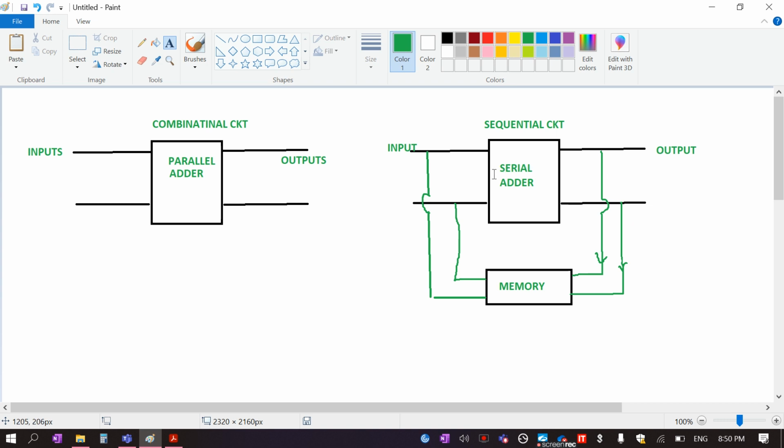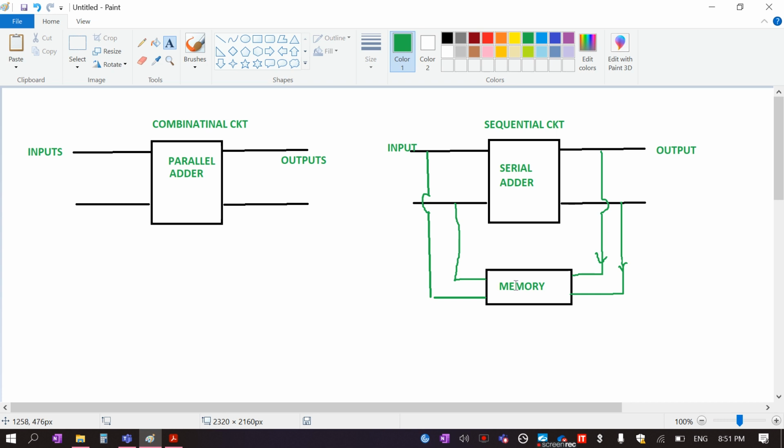Let us assume this is an adder, right? So 0 plus 0, here we will get sum 0 and the carry is also 0, right? Both the zeros from here will be populated to the memory cell, and from the carry also it will populate the 0 to the memory.